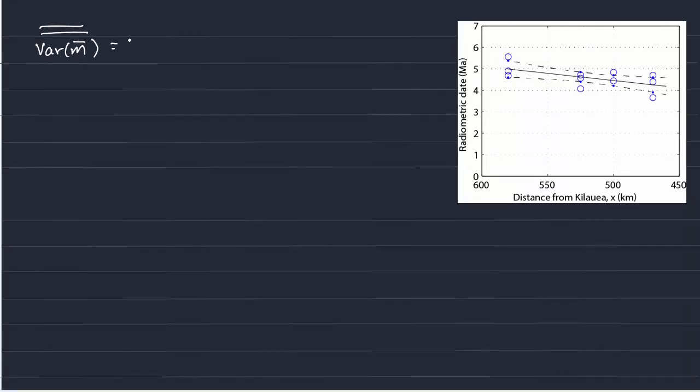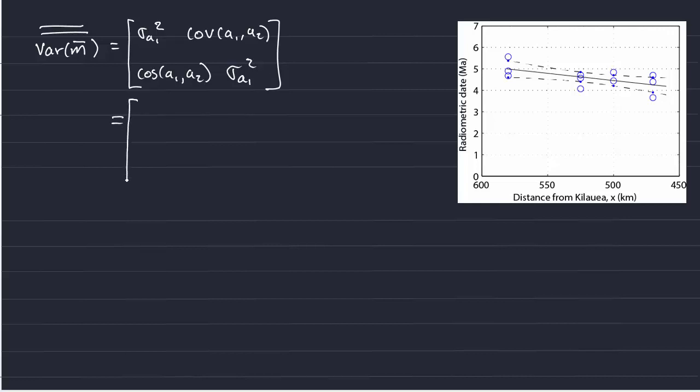That is equal to sigma A1 squared and the covariance of A1 A2, and then we have the variance of the slope in the other diagonal, and that is equal to the sum of xi squared.